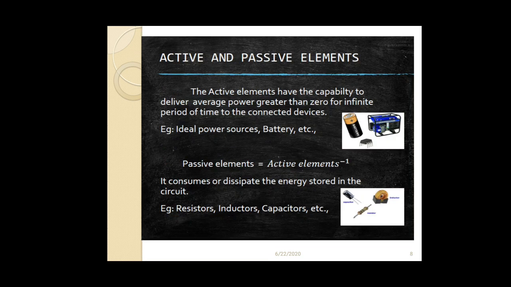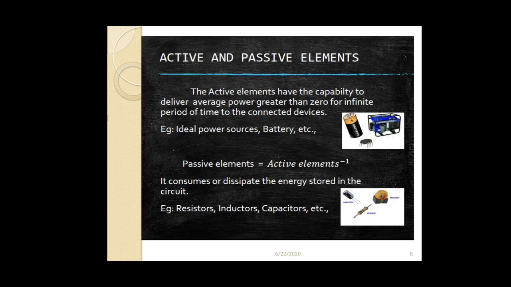The active elements have the capability to deliver average power greater than 0 for an infinite period of time to the connected devices. For example, ideal power sources and batteries are examples of active elements.